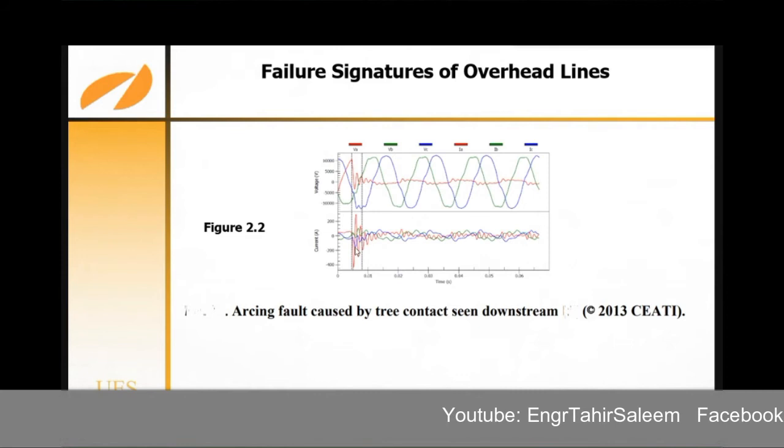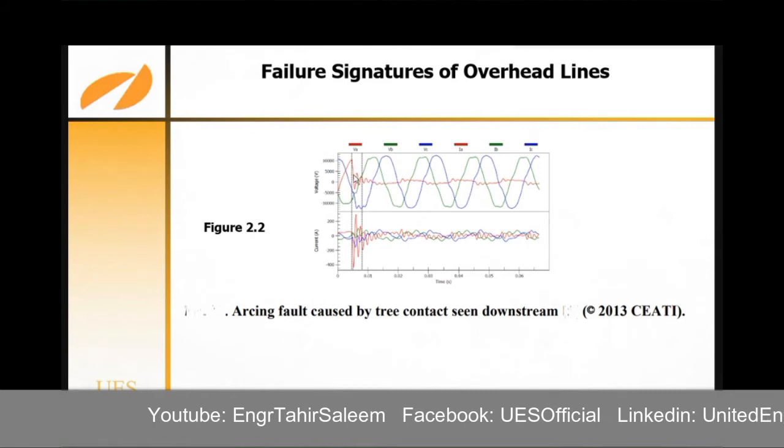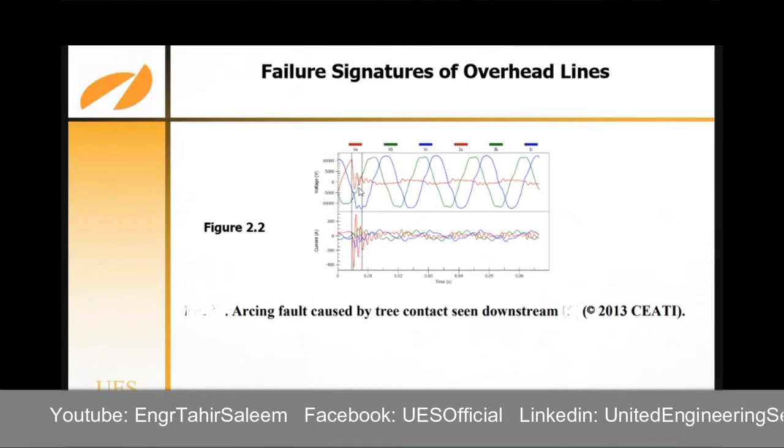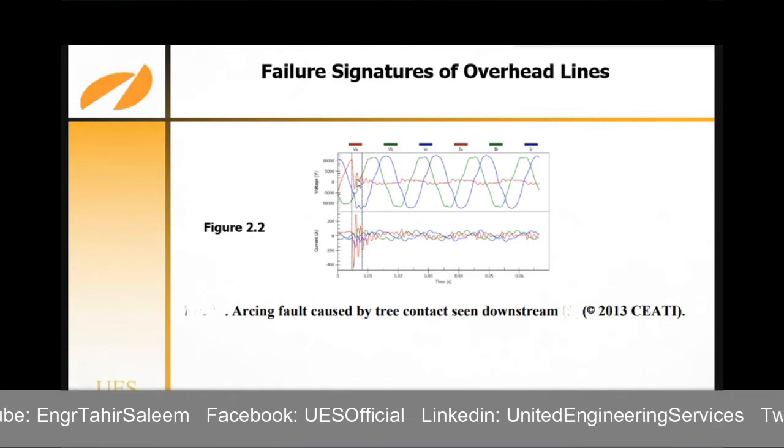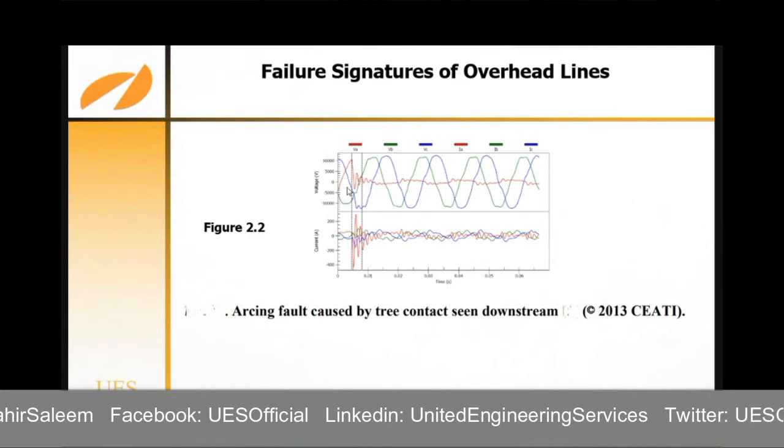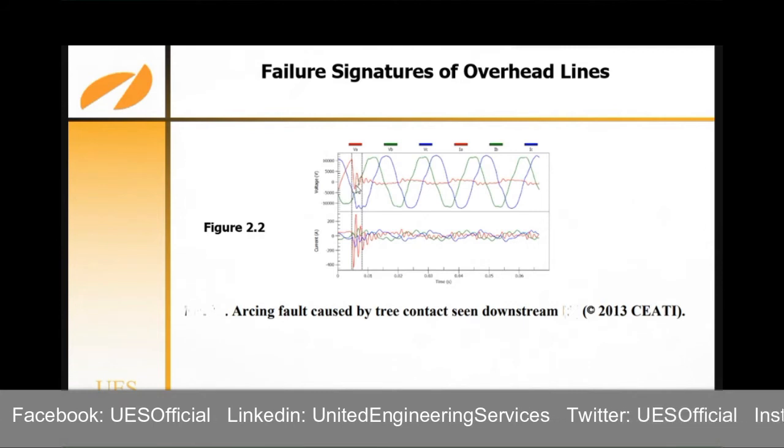And during this arcing, the voltage has shown a drastic change and gone to a very low value.